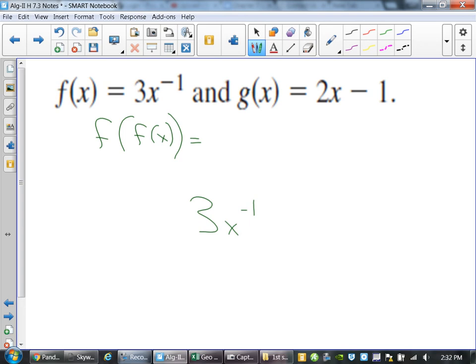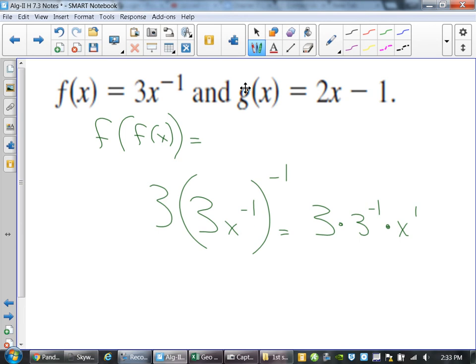Surround it with a 3 and a negative 1. Distribute out your powers. So the first power, you get 3 times 3 to the negative 1 times x to the positive 1.